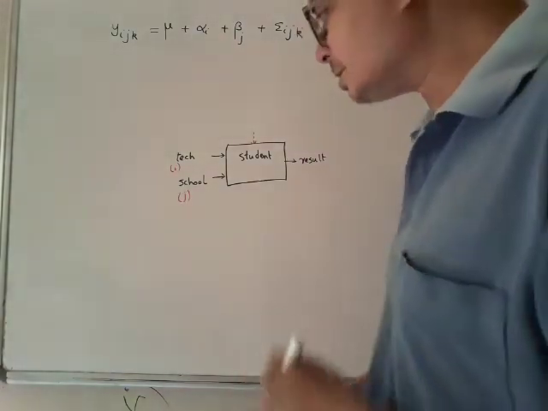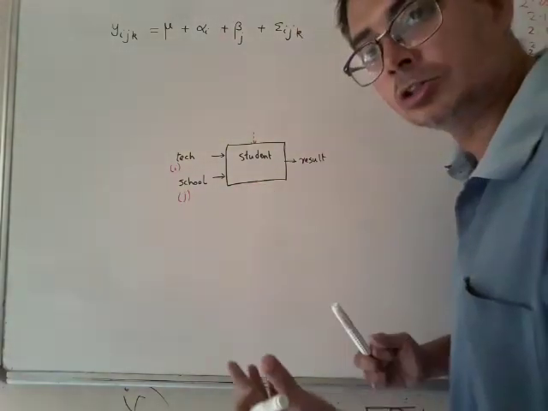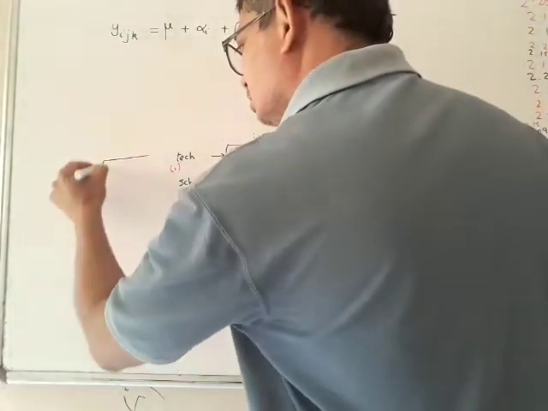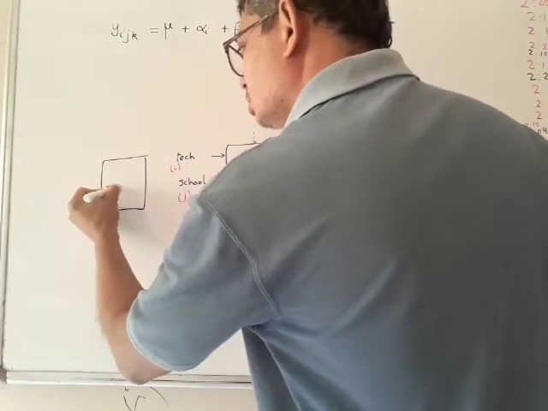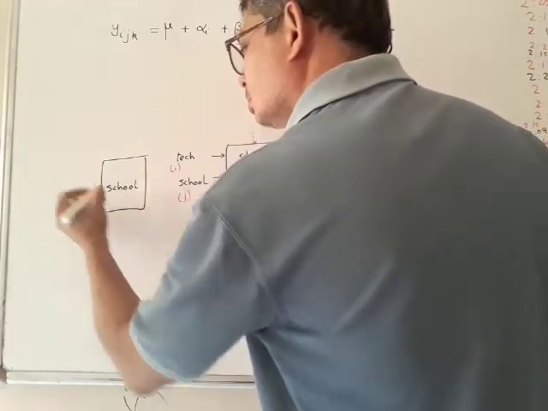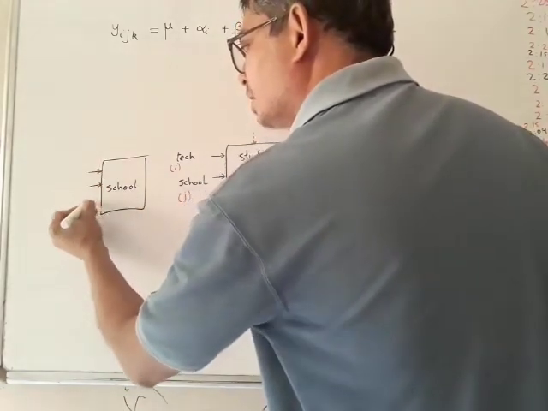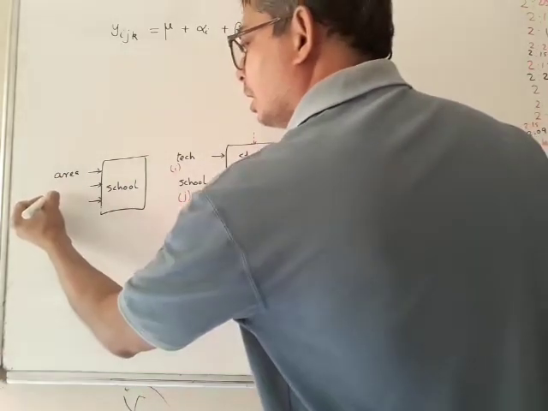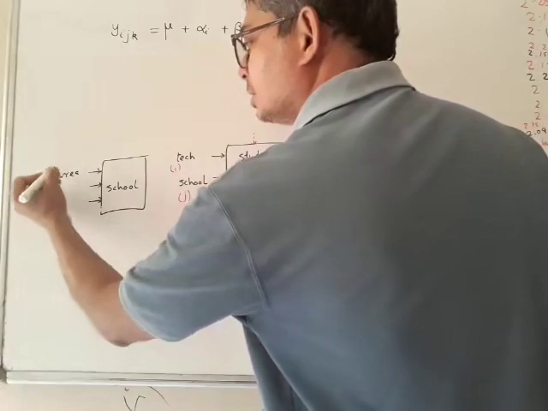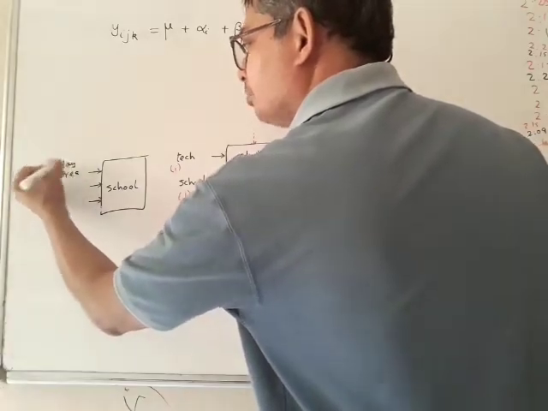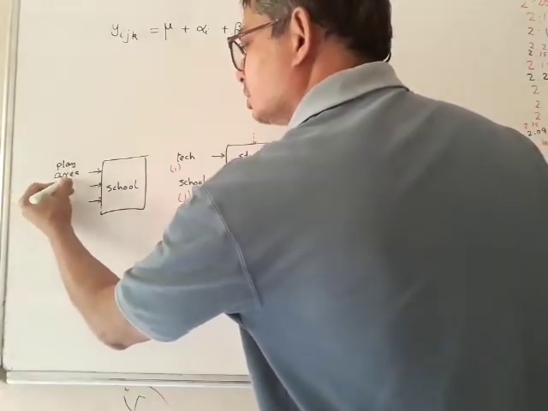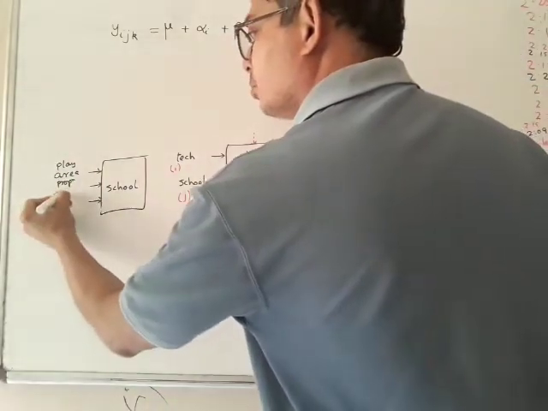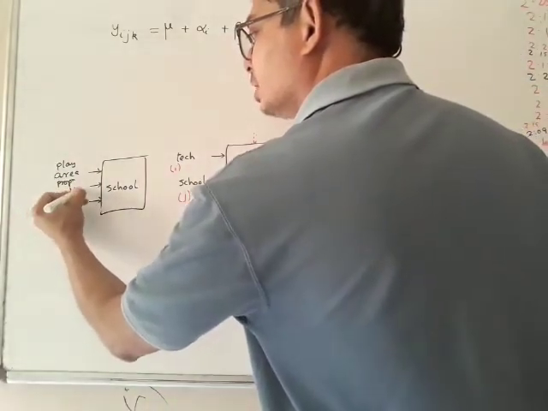So it is quite natural that you also collect data on those things, and you have something like this. You have school, and you have inputs like area, and it is the play area, suppose I say play area proportion. And we may have input like medium, what is the medium of instruction?